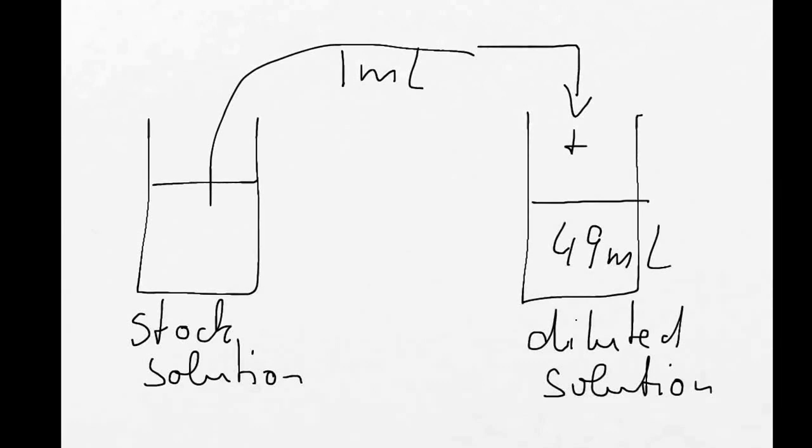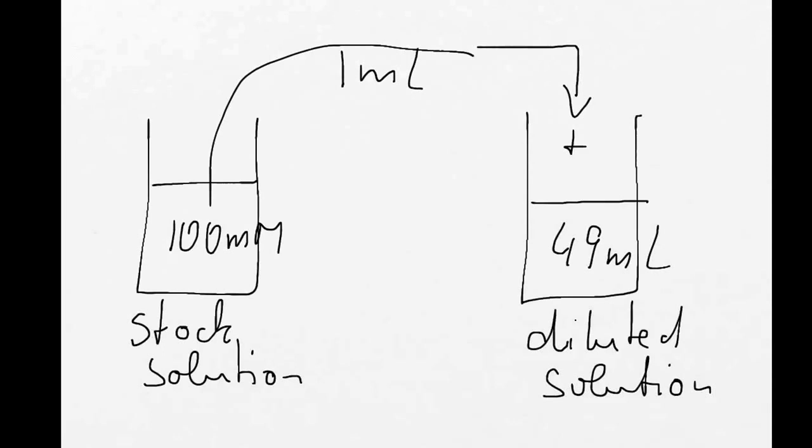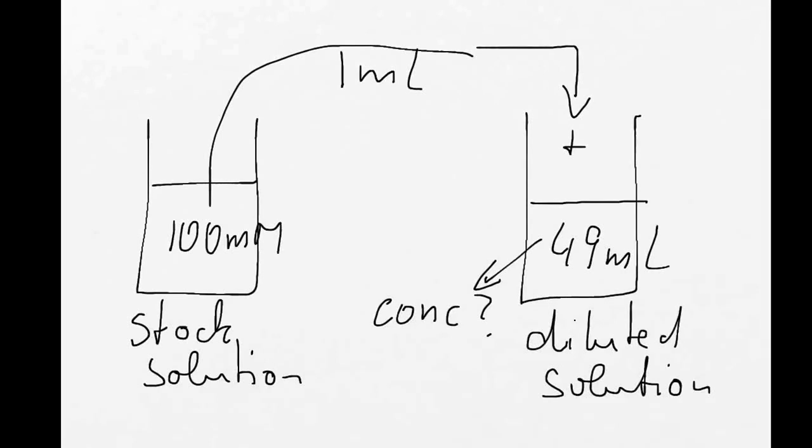And you started with 100 millimolar solution here. That's your stock. So what is the concentration of your diluted solution? First of all, what's the total volume of your diluted solution? It is 50 milliliter, because you've got 1 of the stock plus 49.